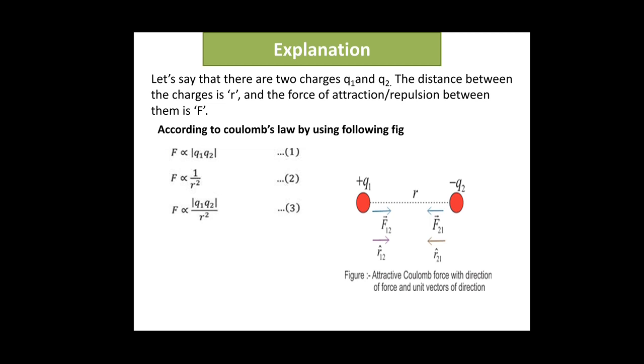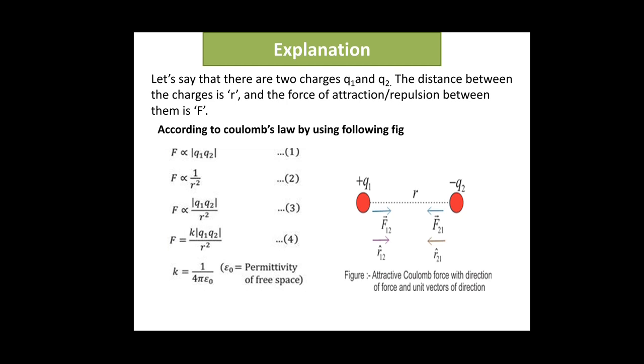From equation 1 and 2, we get the third equation, that is F is directly proportional to mod of Q1 Q2 upon r square. Therefore, F is equal to k mod of Q1 Q2 upon r square. Here k is Coulomb's constant or proportionality constant.